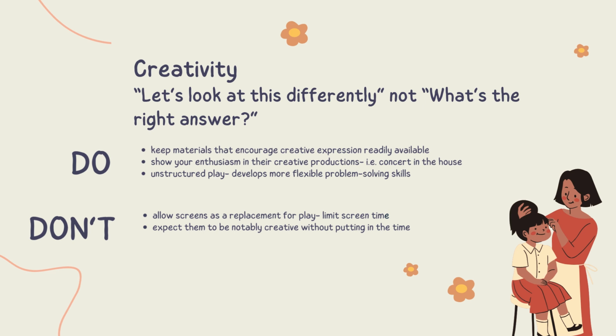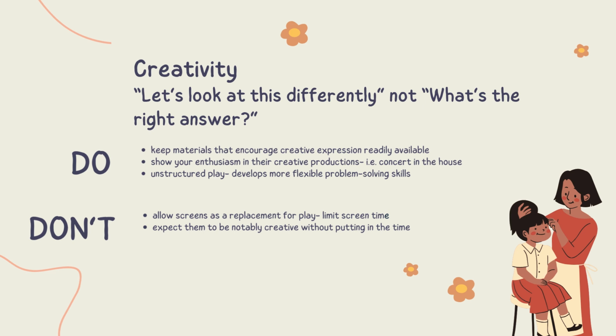We also want to allow for unstructured play. This is something we talked a lot about in the book study for The Anxious Generation. A lot of kids are already in plenty of structured activities like sports, theater, scouts, whatever it might be. And when they have that downtime, we want to make sure that we have those materials available, that we don't necessarily have to go out and buy things for them, but letting them know what's allowable in the house, that they can use couch cushions, bed sheets, whatever to make a fort.